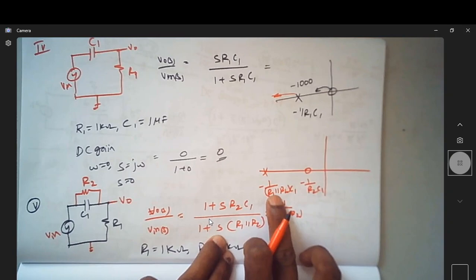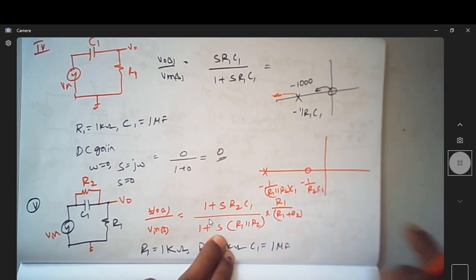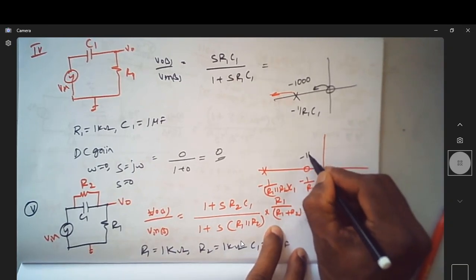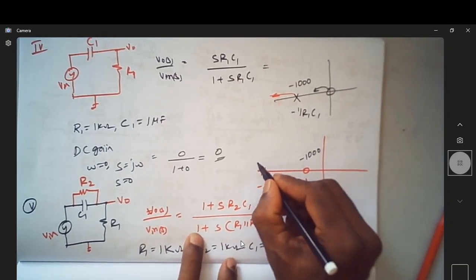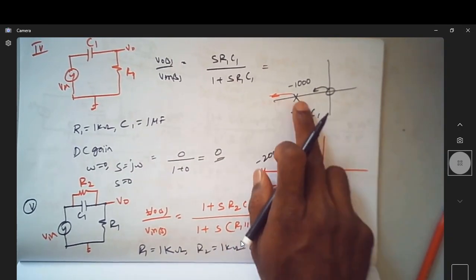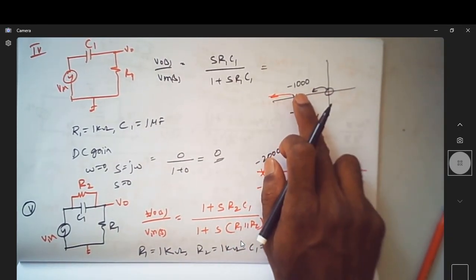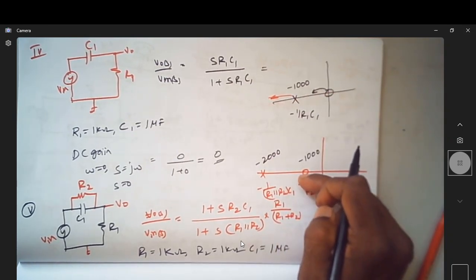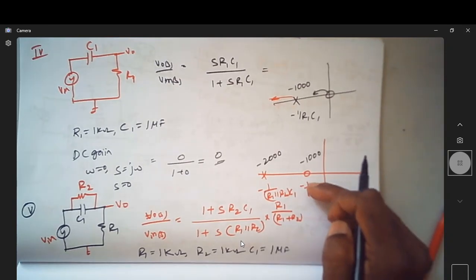So according to this, the pole moves to minus 2000, and the 0 came out from the origin and now resides at minus 1000.